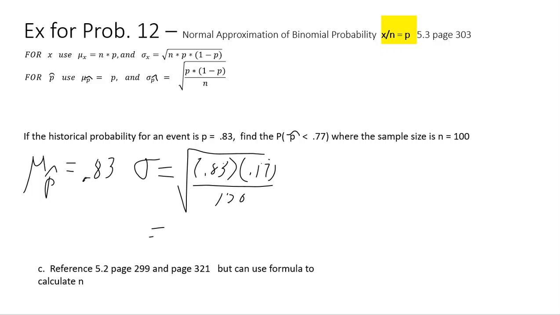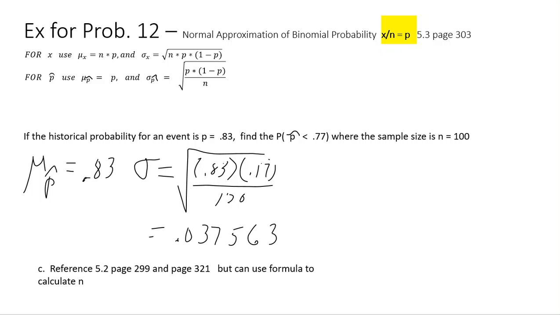You're going to end up with an answer of 0.037563. I suggest that you carry it out that far, because if you round too soon, your final answer is not going to check in WebAssign.